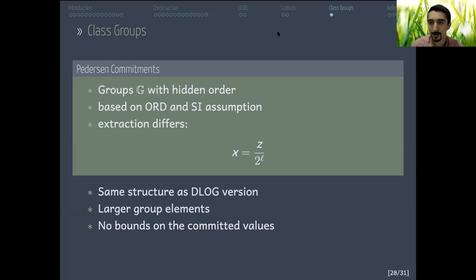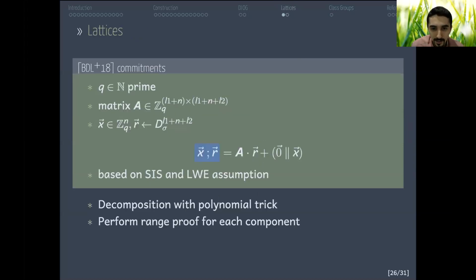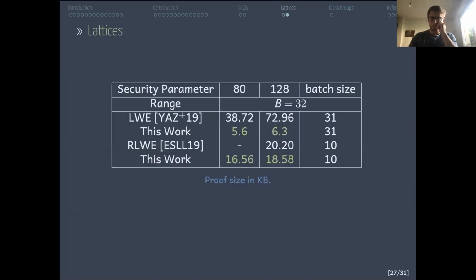Yeah, I'll ask a question. Could you go back to the previous slide? I'm a bit confused here. So if we remove the first two rows, how come the batch size is larger but the proof size is smaller for your work?